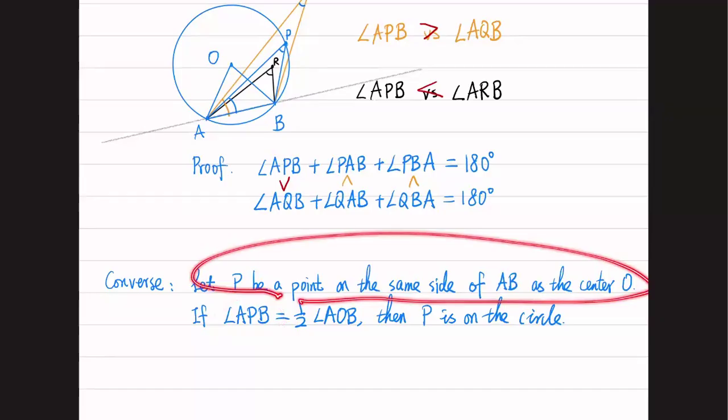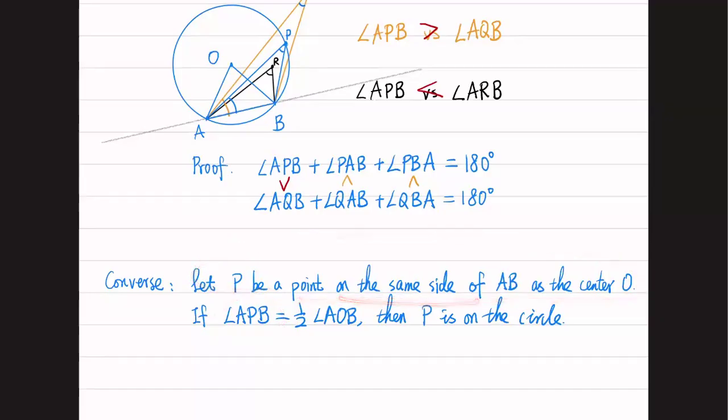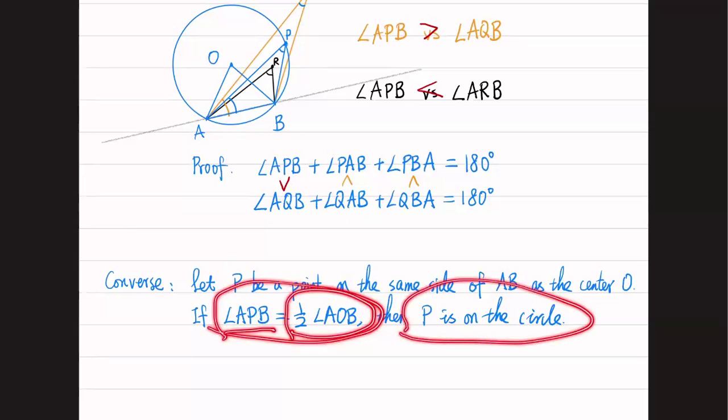We only know it's on the same side. With this information, this angle is half of the central angle, then it must be on the circle.